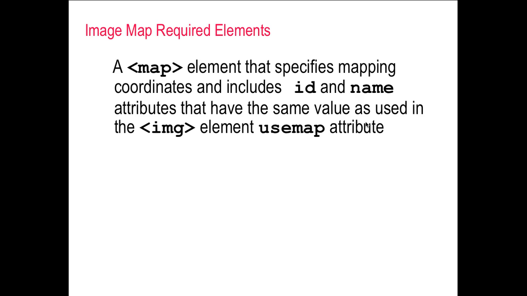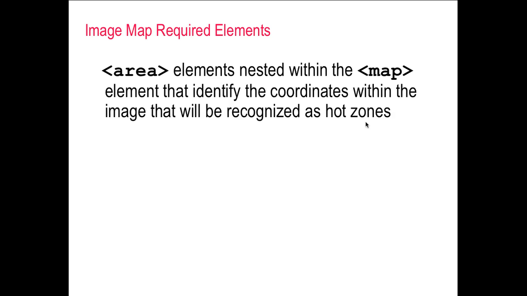So the map element specifies the mapping coordinates, which includes an ID and a name attribute, and has the same value as used in the image element for the usemap. So this image is going to use this map. And this map is going to have these regions that are specified. And these regions are going to have this ID that's associated with it.